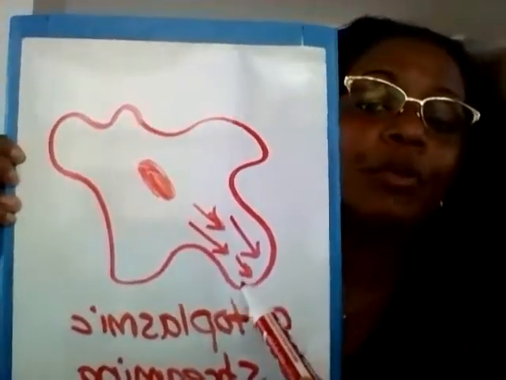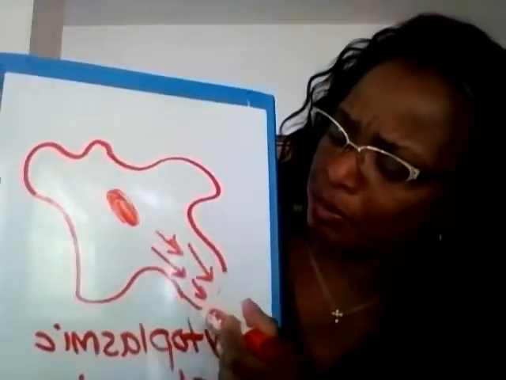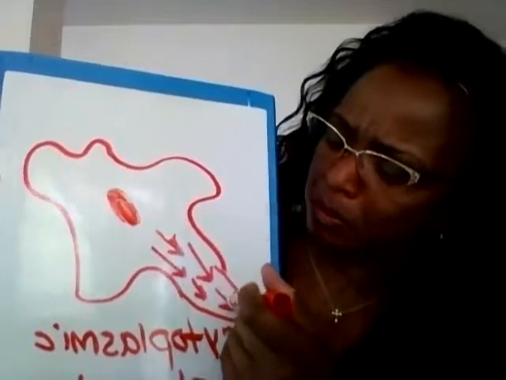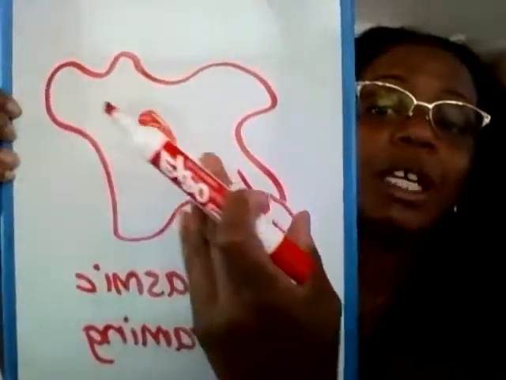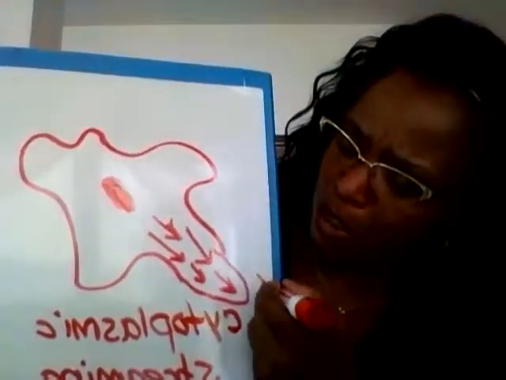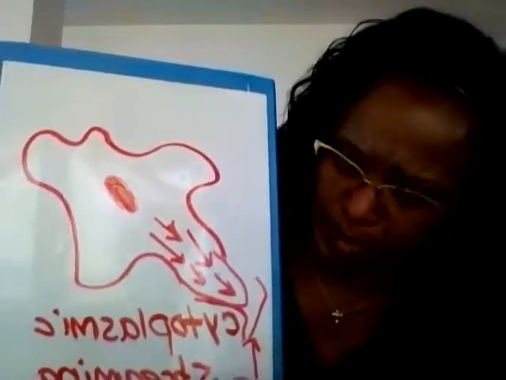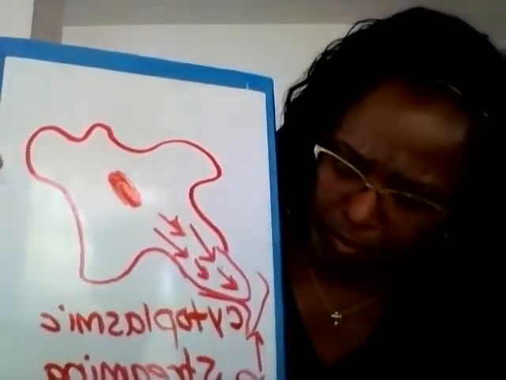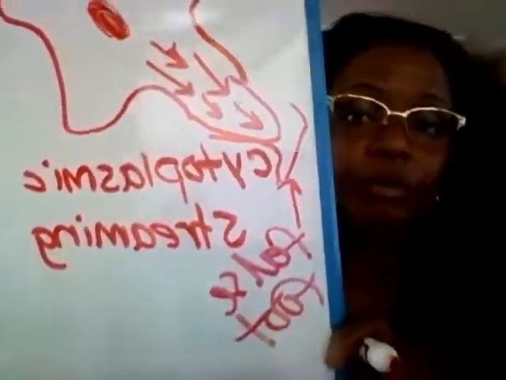In doing so, this area will then elongate. And as it continues to elongate, the rest of the cell will move in this direction, creating what looks like a false foot here to help it move in a given direction.